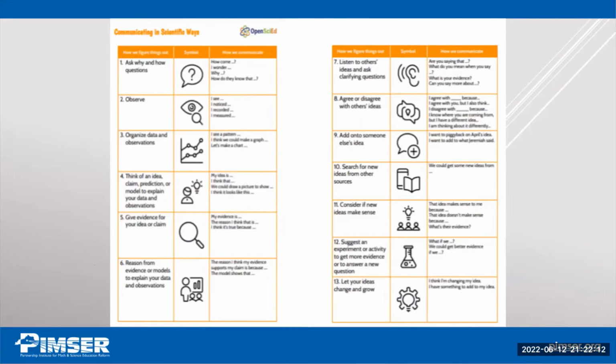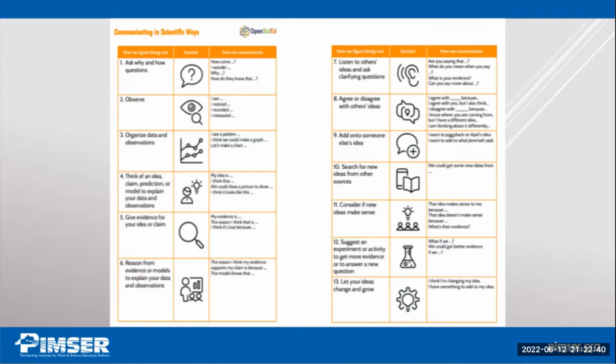The Communicating in Scientific Ways chart, also known as the CSW chart, was developed by BSCS Science Learning. It is part of the Open SciEd Teacher Handbook. The intention of the chart is to promote student communication with one another so that it becomes a natural part of classroom interaction.